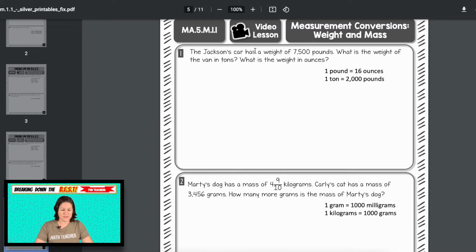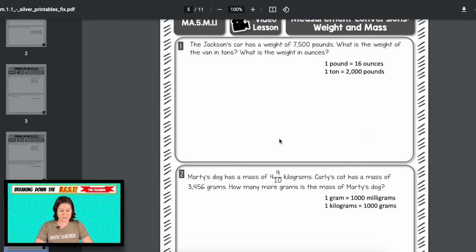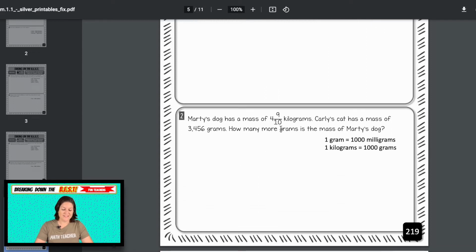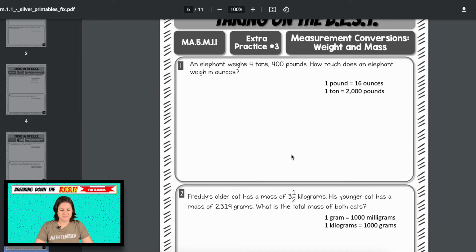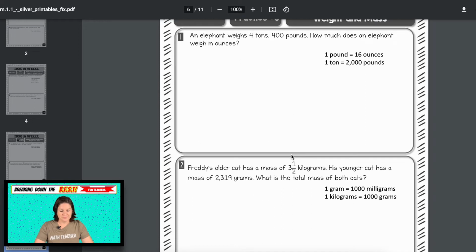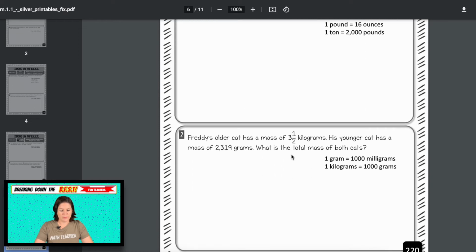Okay, in this video lesson right here, this is talking about weight and mass. So we've got pounds being converted into tons and then converted into ounces. And in this one we have 4 9/10 kilograms and a mass in grams, and how many more, so you can see what's going on there. Okay, and then some extra practice with weight and mass.